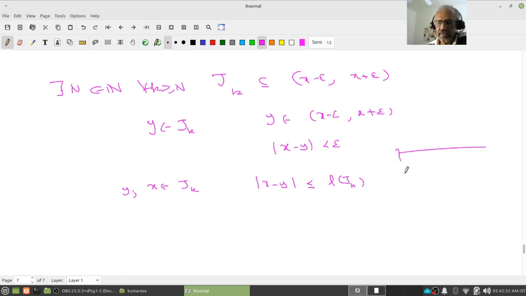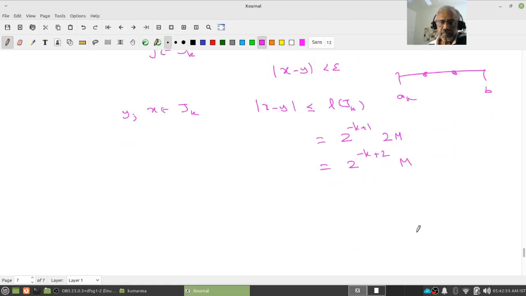This is my J_k, a_k, b_k, and my x and y are somewhere here. Therefore, the maximum possible distance will be at most the length of J_k, which is 2 to the power minus k plus 1 into the length of J_1, which we want to make 2m. Therefore, it is 2 to the power minus k plus 2 m.